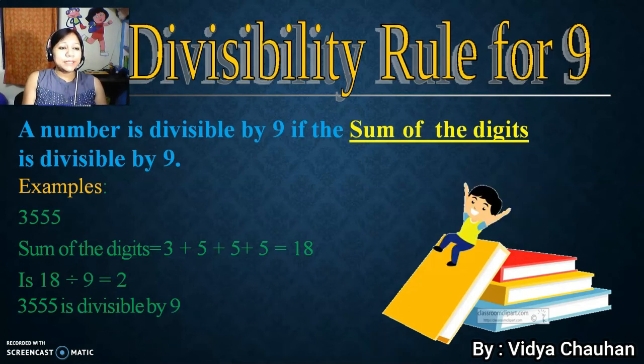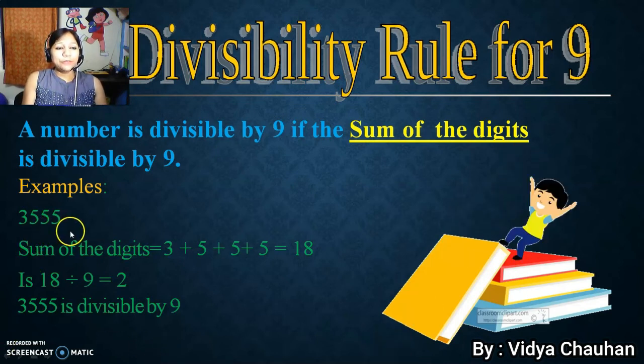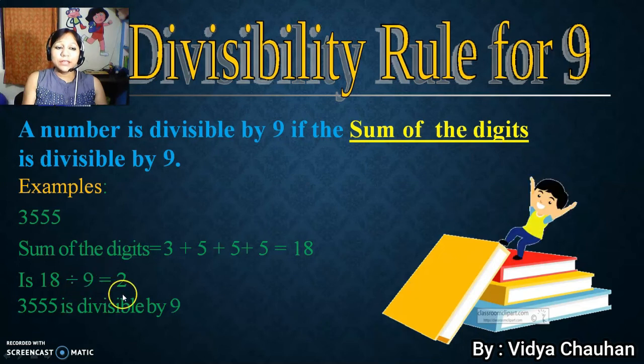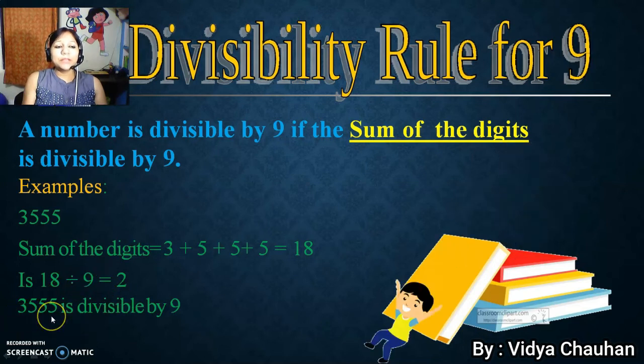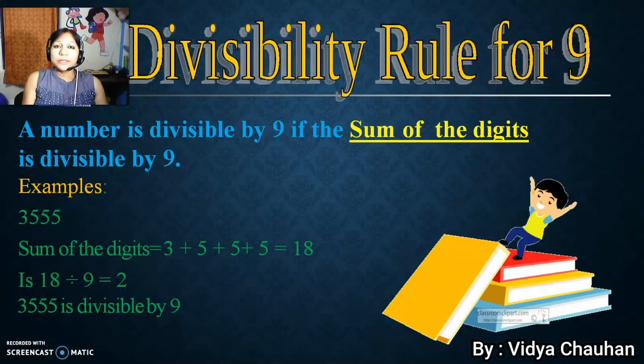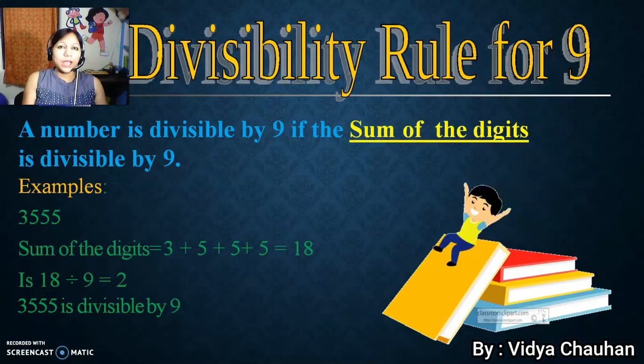The example is 3555. The sum of the digits is equal to 18, and since 18 is divisible by 9, this complete number 3555 is also divisible by 9. You can cross check whether this rule is correct by doing the actual division. But let me assure you that it will be 100% correct.